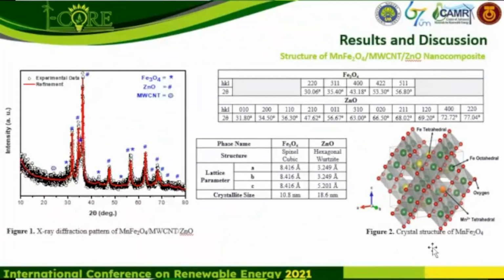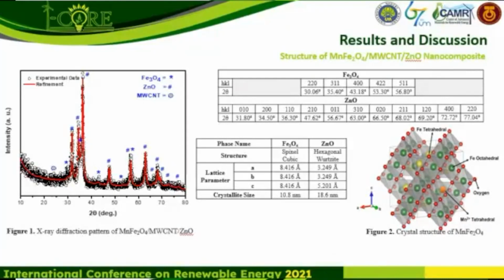For the results and discussion, first, I would like to discuss the structure of the nanocomposites. Figure 1 shows the X-ray diffraction patterns of manganese ferrite multi-walled carbon nanotubes zinc oxide. It can be seen that there is a black one and the red one. The black represents the experimental data, and the red line represents the fitting model.